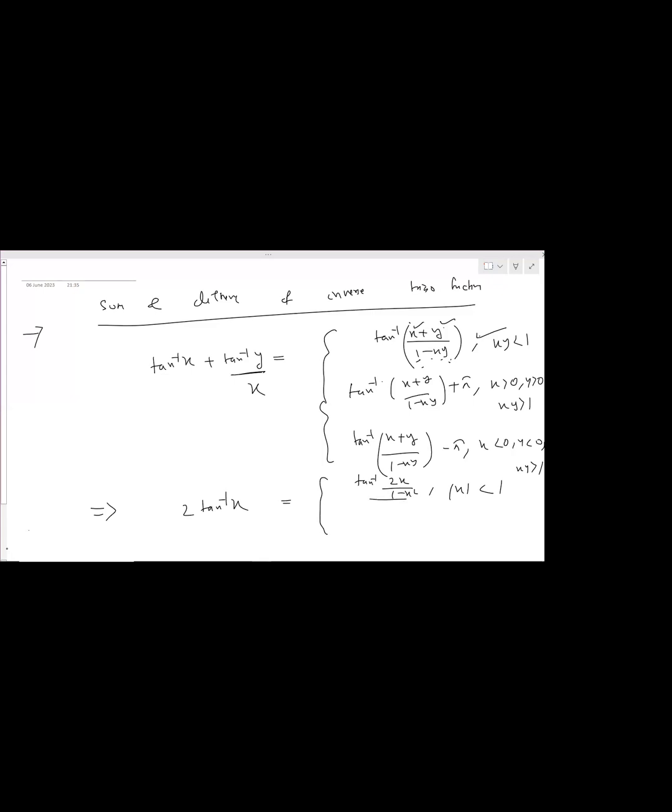And suppose this is A, then A plus pi when x is positive, but mod x is more than 1. That means x is more than 1. This is A minus pi, where x is negative, but mod x is more than 1. That means x is less than minus 1.